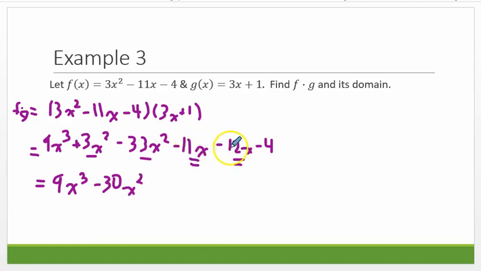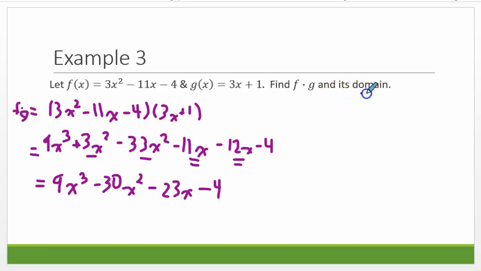And -11 minus 12 more would give me -23. And the -4 is by itself at the end. Don't forget about that one as well. So just combine like terms, do any simplifying that you can. Now I have my f times g function.